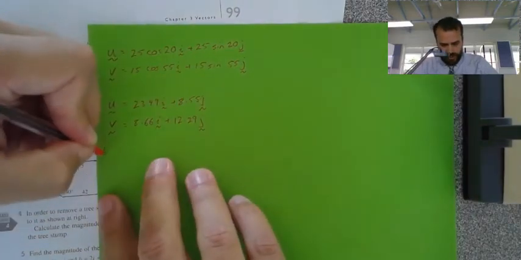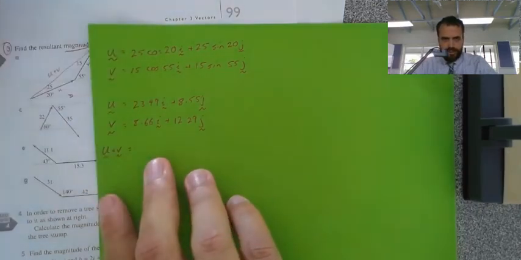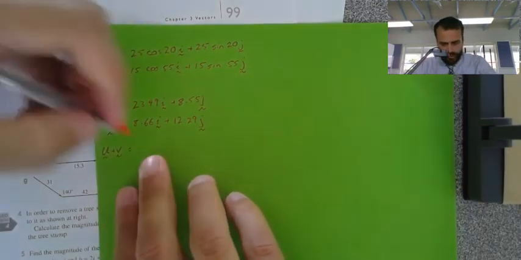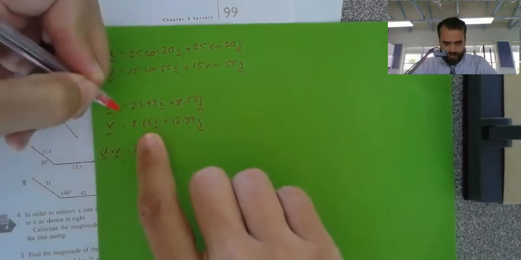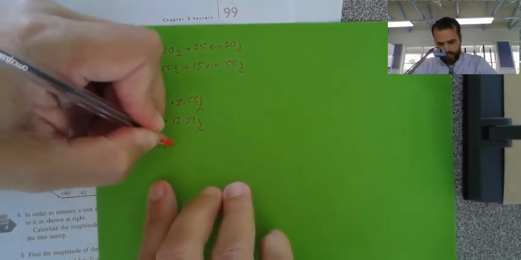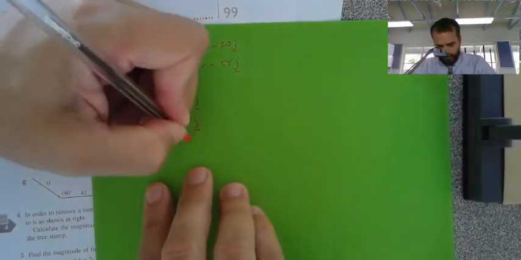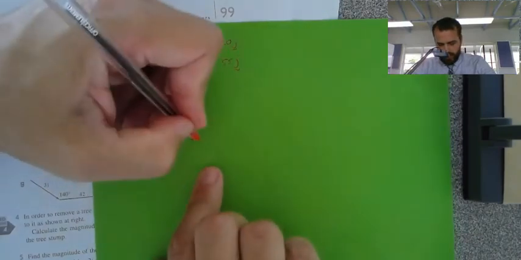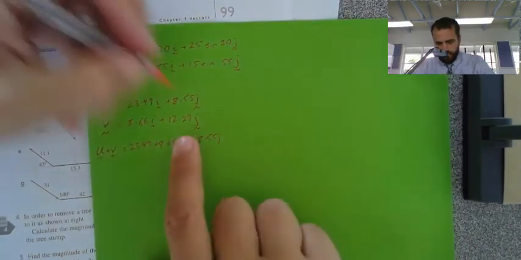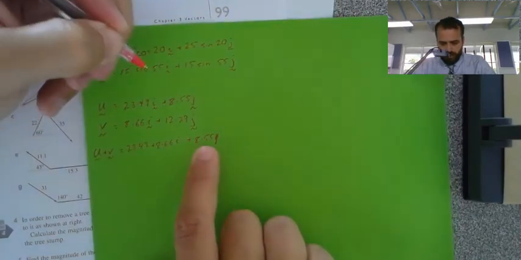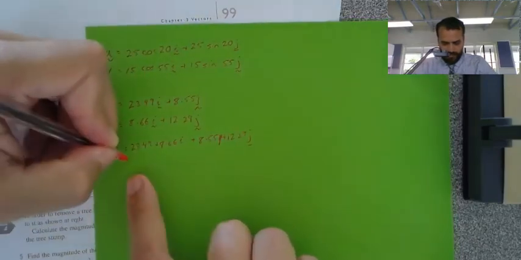So that means that u plus v is going to be equal to 23.49 plus 8.66, so I'm just adding my i components together, plus 8.55 j plus 12.29 j.